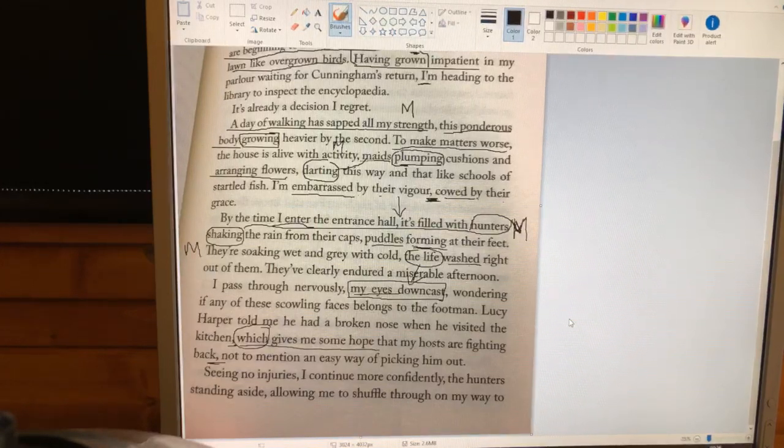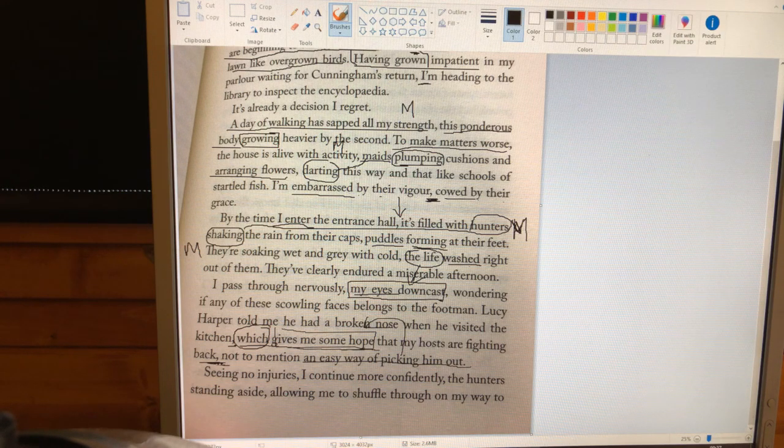So really, this not to mention an easy way of picking him out is referring back to what it gives you. It gives me two things. It gives me some hope, blah, blah, blah, and it gives me an easy way of picking him out. Now, because this goes back to what it gives you, some hope and an easy way of picking him out, we need that comma here.